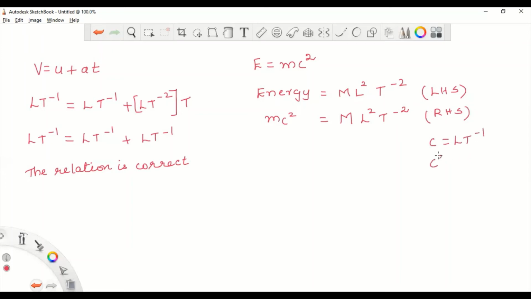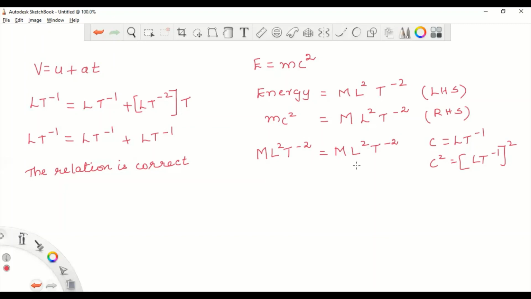So if you have c square, then it will become LT power minus 1 the whole square. So L square T power minus 2. So now you can say this equation is also dimensionally correct. Okay, so M L power 2 T power minus 2. So hence the relation is correct.